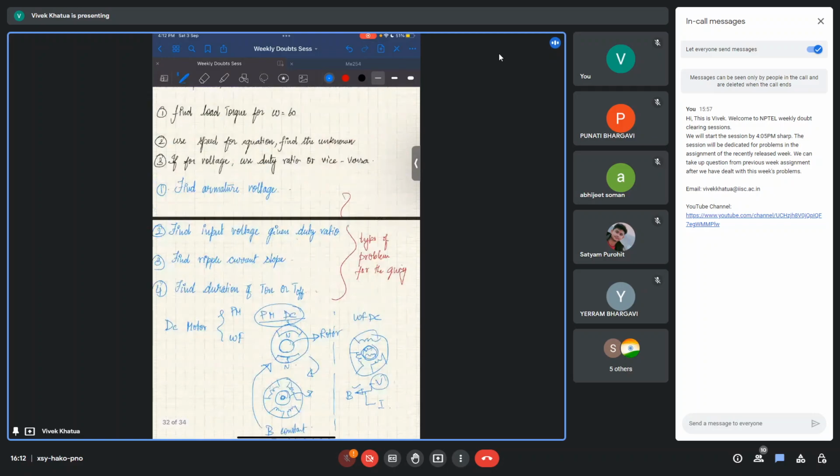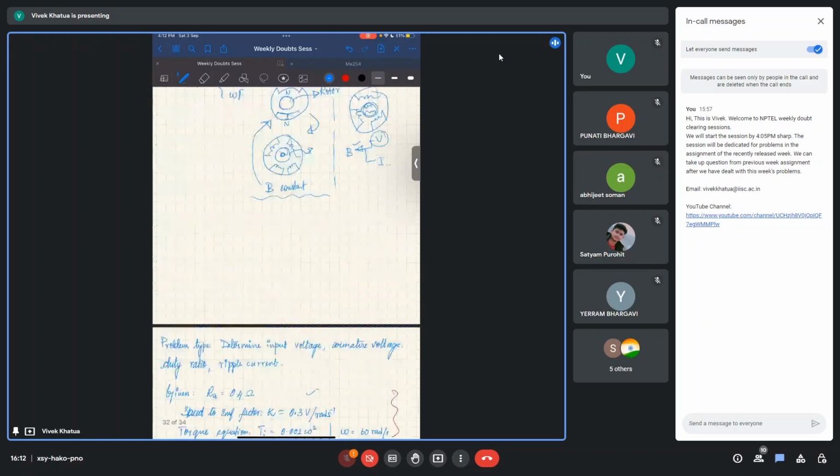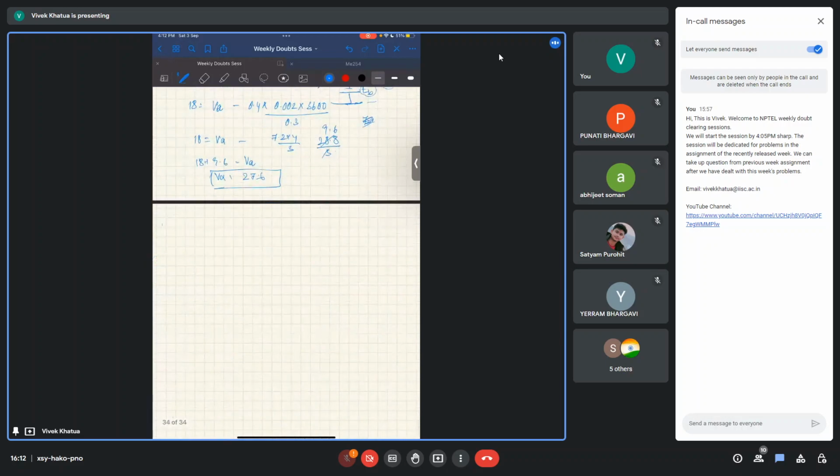Let us take another type of problem, the second type, where the duty ratio is given. The armature voltage is 27.6 volts; let us use this value. Suppose the duty ratio is 0.3.